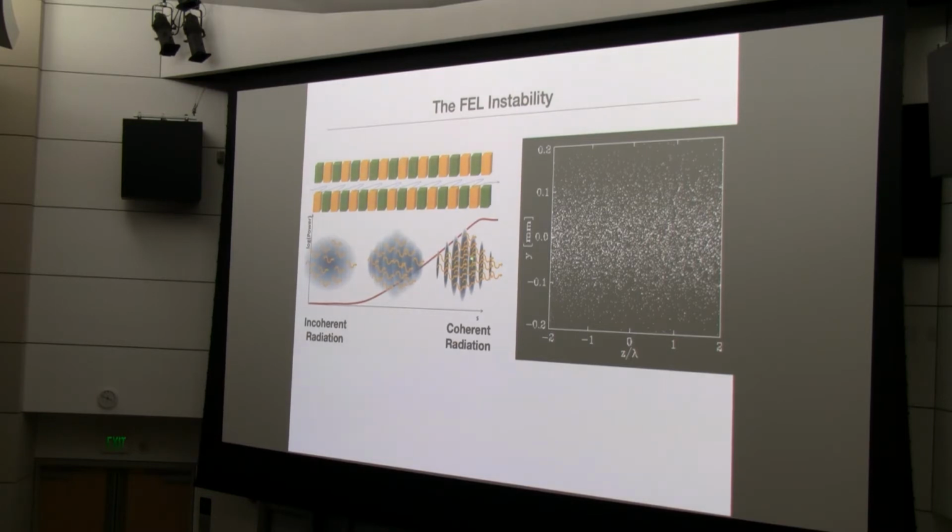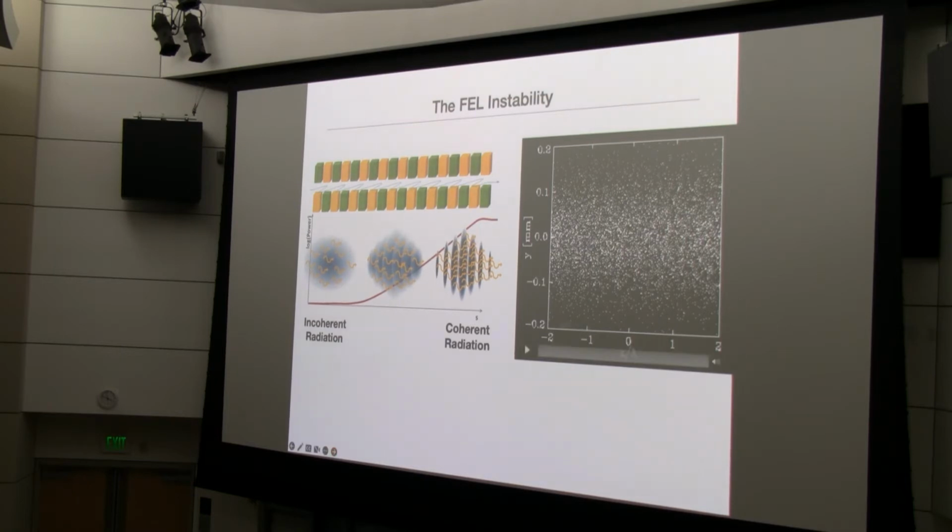At the end of the undulator, your electrons are distributed in small packets, one wavelength away from each other. And now all the radiation that they emit is emitted in phase. So you get a large gain of order 10 millions going from this incoherent radiation to the coherent radiation. And of course, this happens over the length of the undulator.